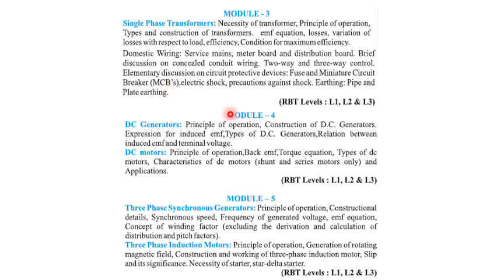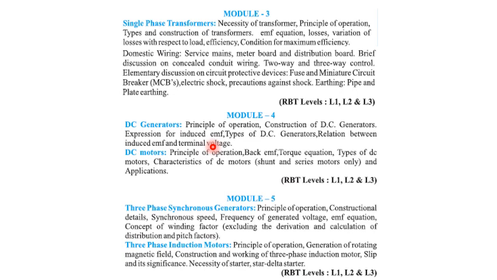Fourth module, again there are two parts. First part is DC generators, second part is DC motors. In the first part, that is DC generator, it consists of a number of sub-units. Those are principle of operation, construction of DC generator, expression for induced EMF, types of DC generator, relation between induced EMF and terminal voltage.